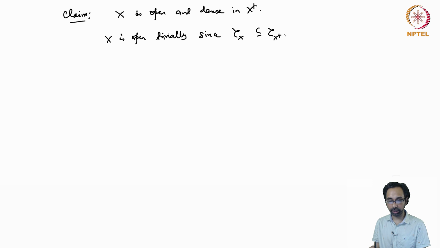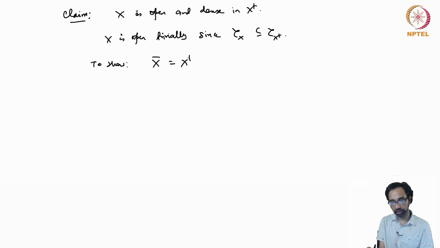To prove that it is dense, we have to show that the closure of X is the whole set X plus, which is nothing but X union the point at infinity.